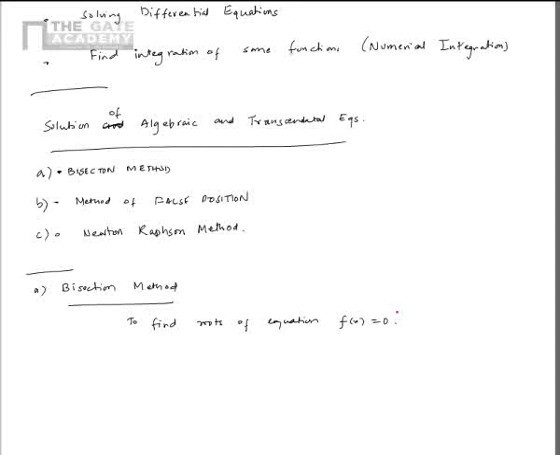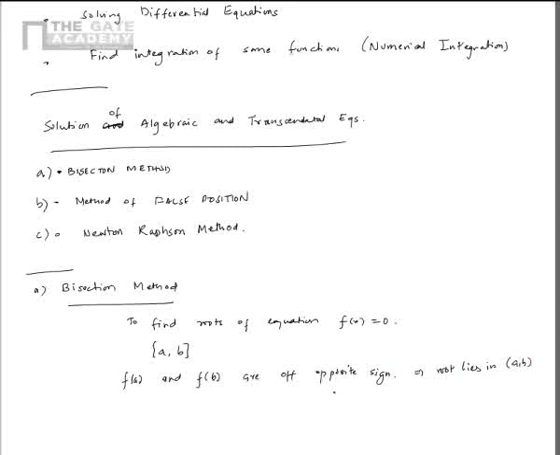This method helps in locating the roots of this equation in an interval. Say (a, b) is the interval in which you know the root is. How do you know? If the function is continuous and f(a) and f(b) are of opposite sign, then the root lies in (a, b).